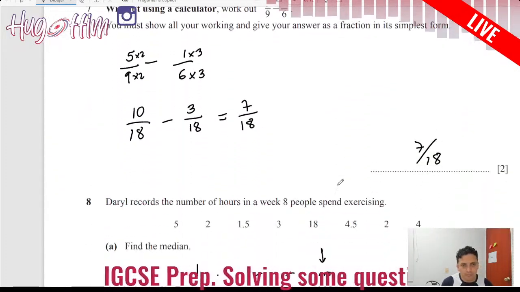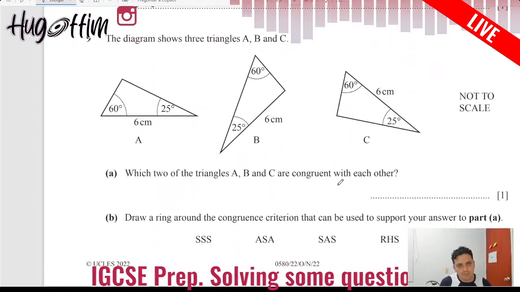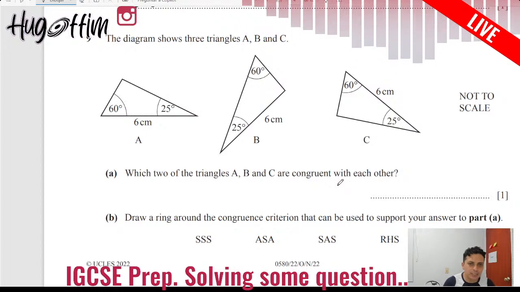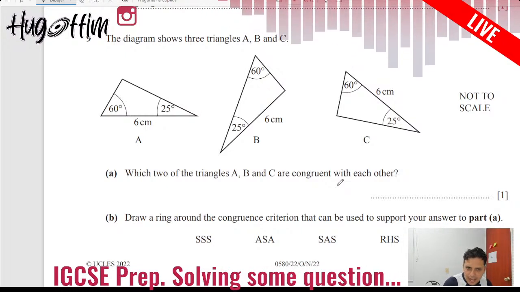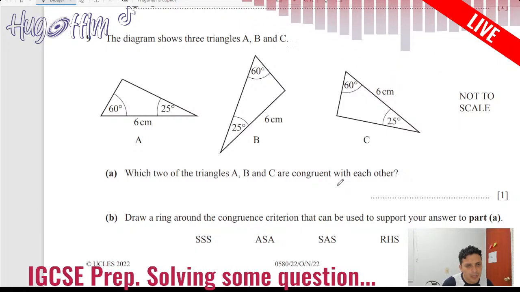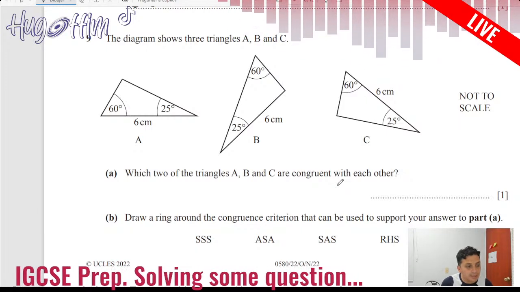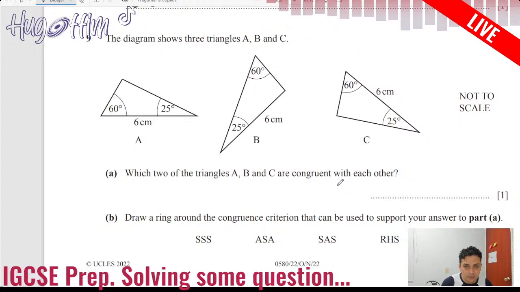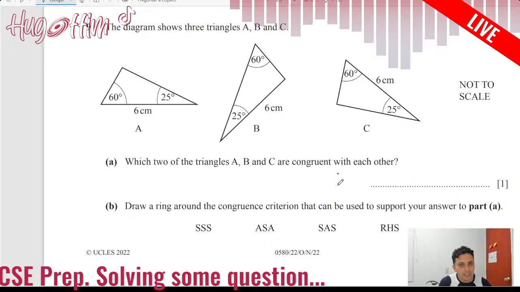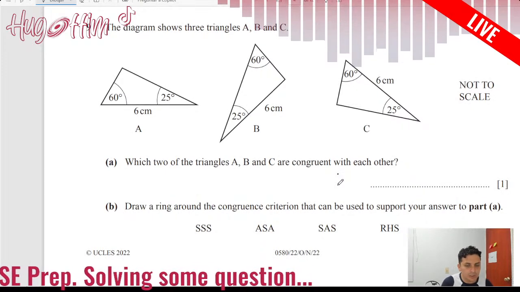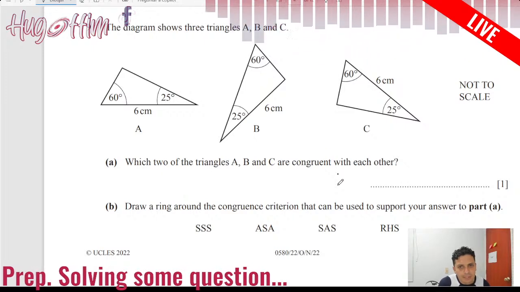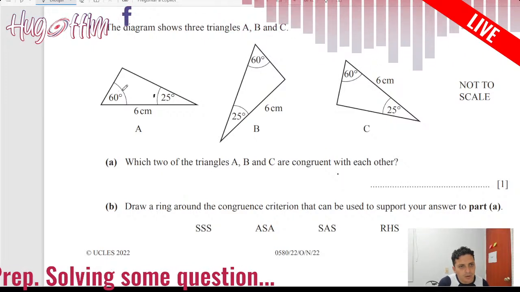Okay. Now the third page. The diagram shows 3 triangles A, B, and C. You can see the triangles. The 3 have a 6 centimeter side, 60, 25. Which 2 of the triangles A, B, and C are congruent to each other? Okay, both have 60 and 25 angles.